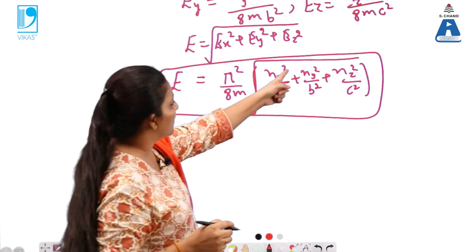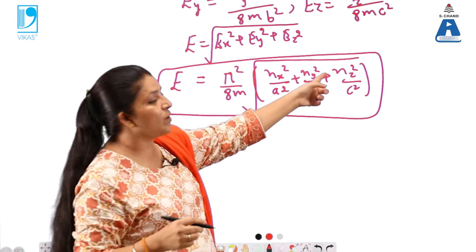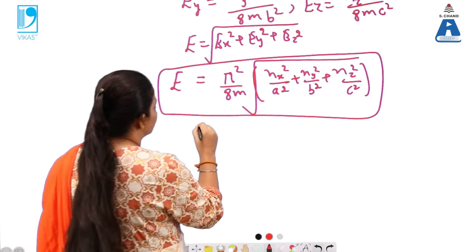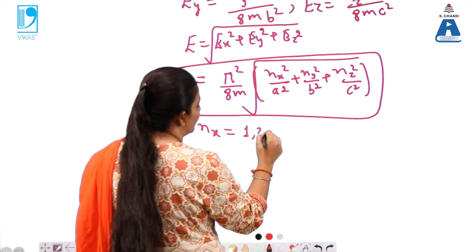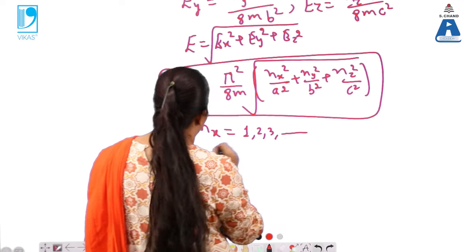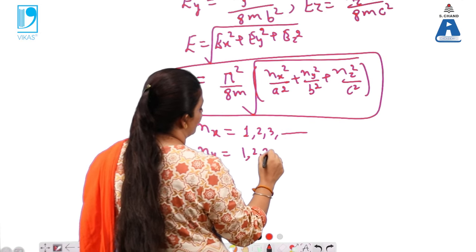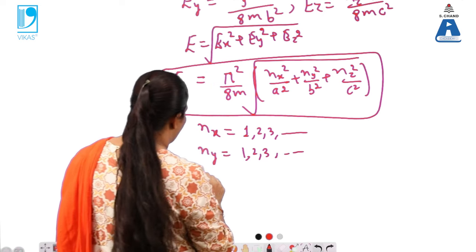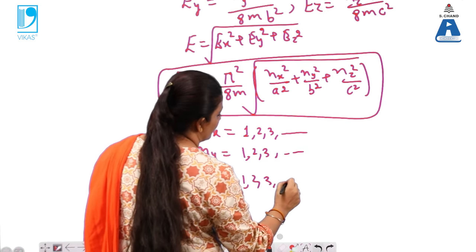Now what are the values of nx, ny and nz? These are the quantum numbers. So nx clearly varies in value from 1, 2, 3 and so on. ny along the y-axis again varies from 1, 2, 3 and so on. And nz has this value.